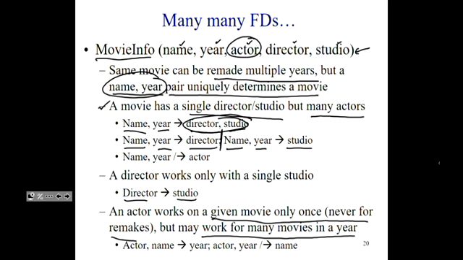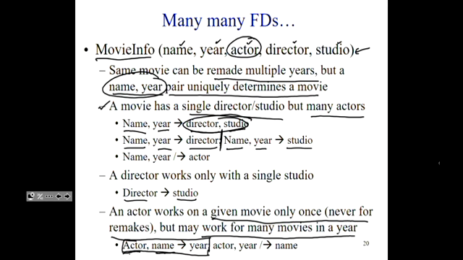So how do we encode that as a functional dependency? The actor, name implies the year. Basically, if you have two tuples which have the same value for actor and name, so actor and movie name, then there is a single year at which that actor acted in that movie.